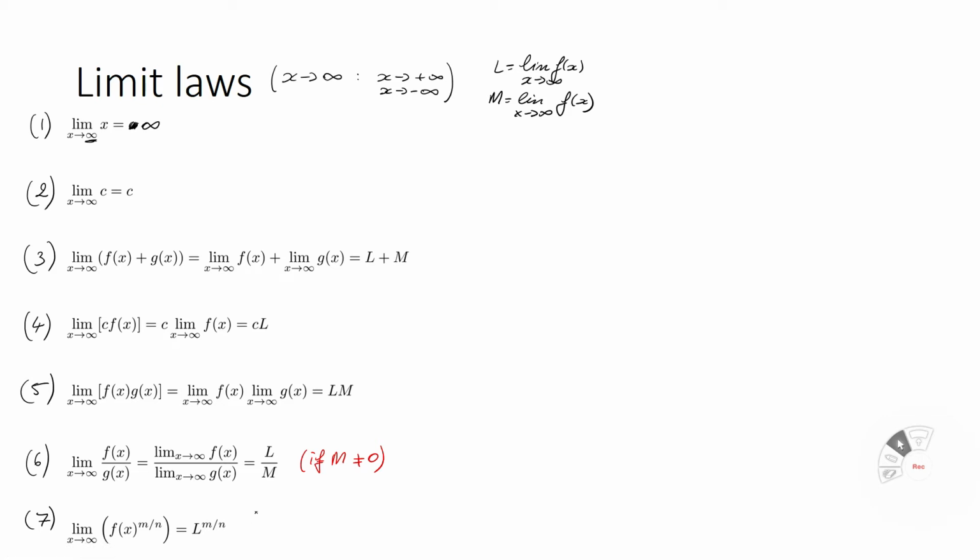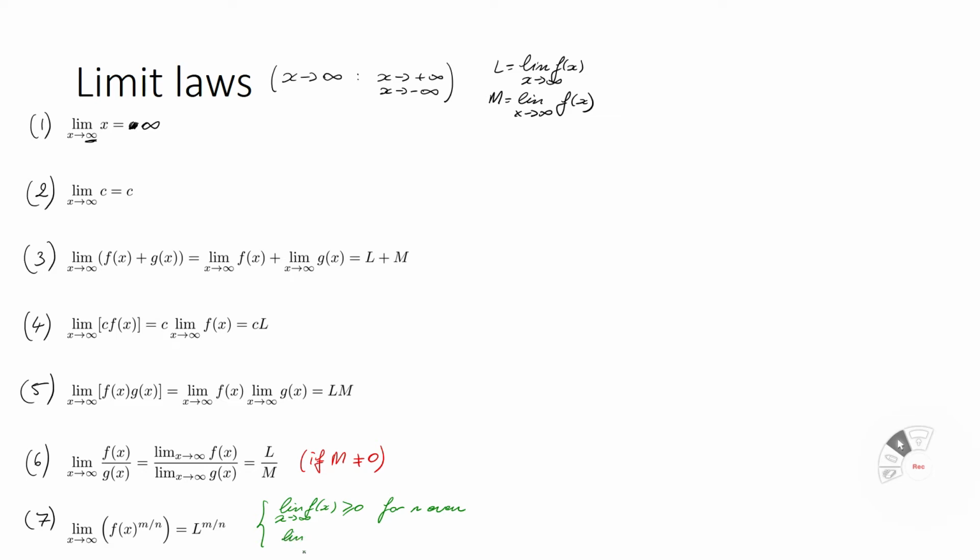And here you have to make the same caveats as for limit x going to a. So we want the limit of f of x, x going to infinity, to be bigger than or equal to 0 for n even. So this has to be positive or 0.